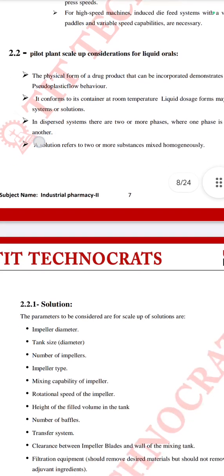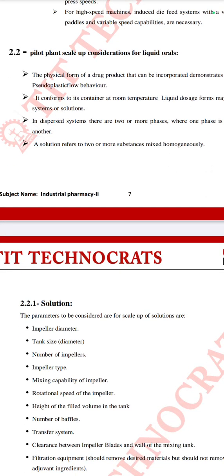So that is liquid preparation. So what is the consideration in pilot plant for liquid orals?